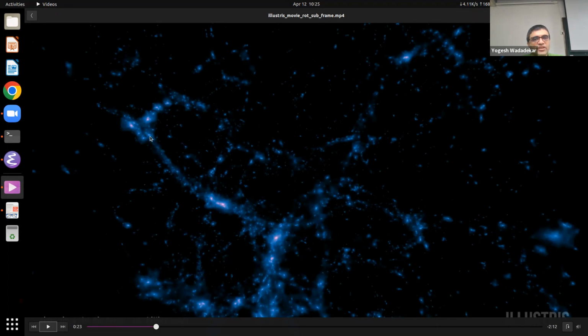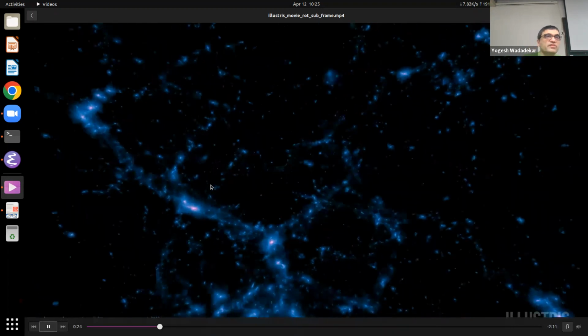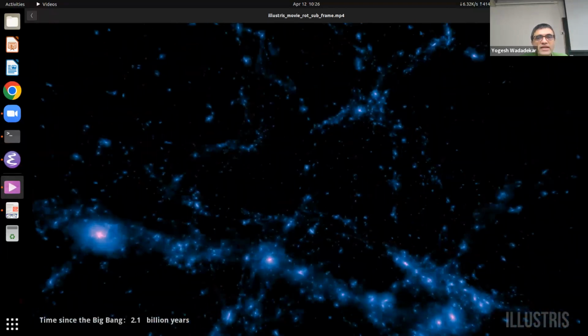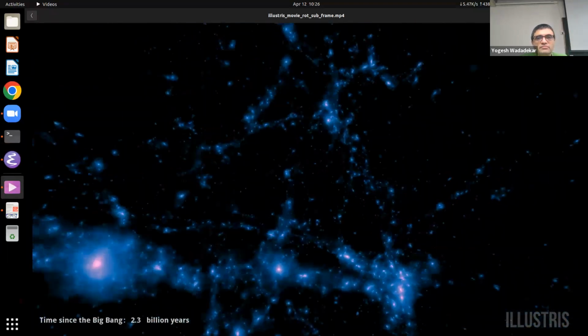Then there are filaments like these. Okay, some of the filaments are two-dimensional, so we call them sheets. And then there are knots, where two or more filaments meet. There you have overdensity. And these are the locations in the universe where eventually clusters are going to form.